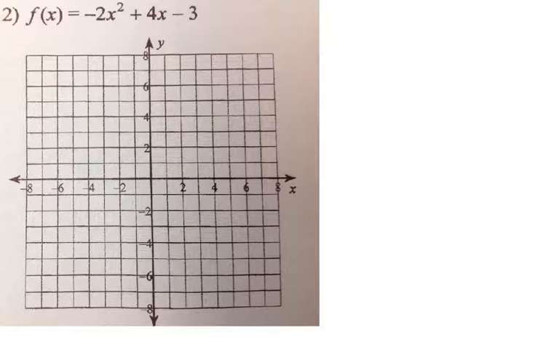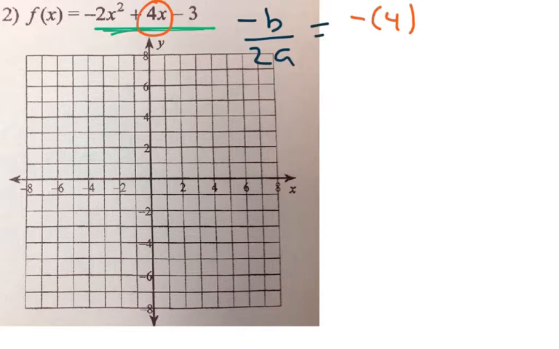Let's get going. So when they give it to you in standard form, guys, you have to remember to do negative b over 2a, okay? Negative b over 2a. Remember, the b is always your x coefficient. So in this case, I'm going to get a 4.